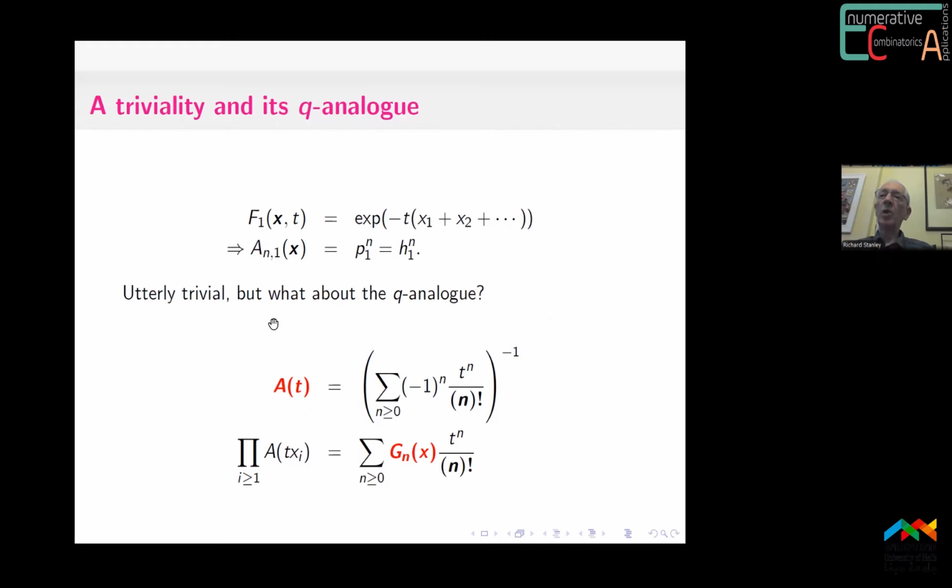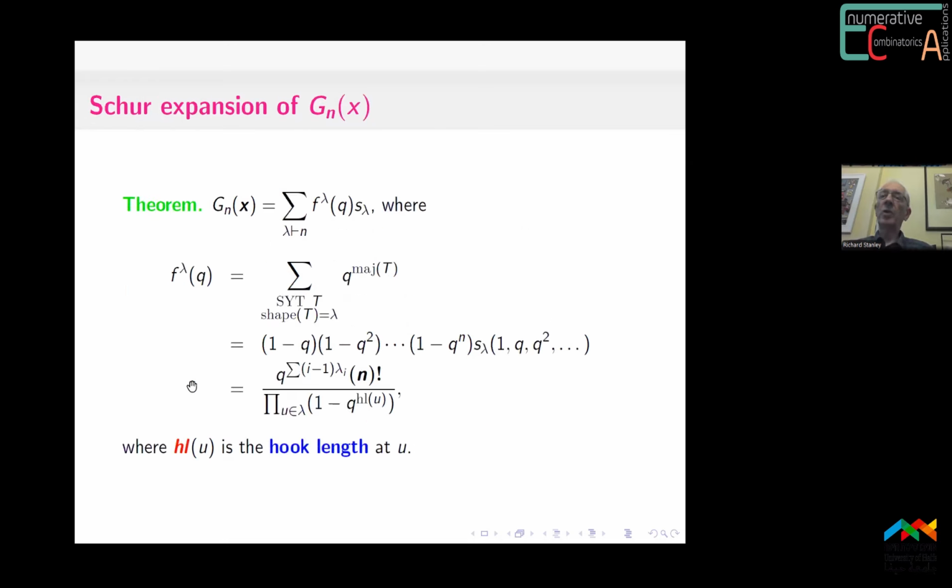It's going to be some q-analog of p_1 to the n. And what is it? It turns out to be a well-known symmetric function depending on q. The Schur function expansion, the coefficient of s_lambda, is the usual q-analog of the number of standard Young tableaux of shape lambda. It's the enumeration of standard Young tableaux of shape lambda by their major index.